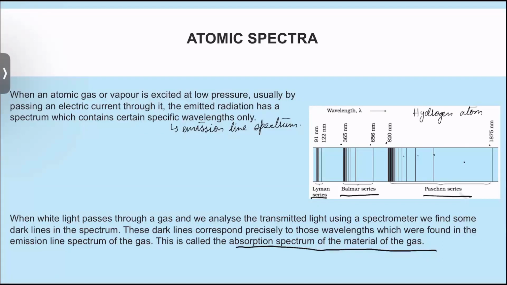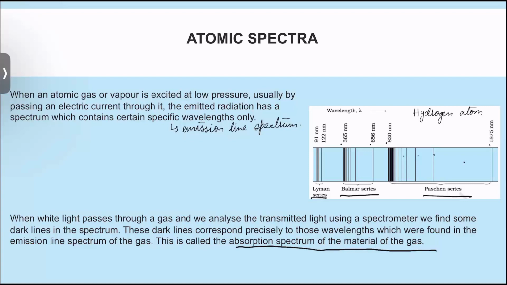So what is atomic spectra? Just a quick refresh. When an atomic gas or vapor is excited at low pressure, usually by passing electric current through the gas itself, a radiation is emitted by such a gas.